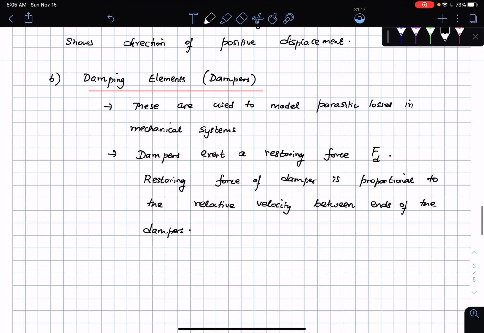So in this case, we can say the following, this is the elemental law or the fundamental law that is used for dampers: the damping force Fd is proportional to what I call typically delta x dot.